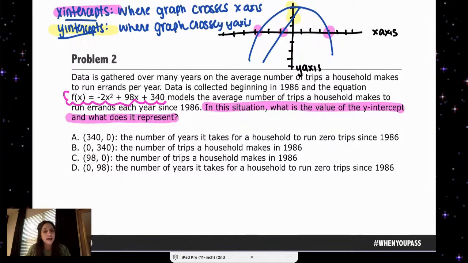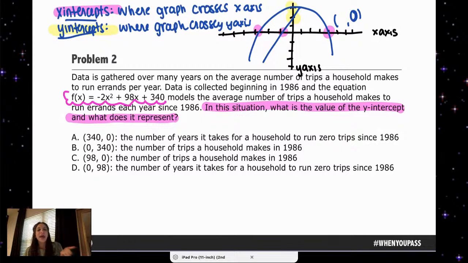So that said, what do I know about all x-intercepts no matter what? All x-intercepts are going to have a value of 0 for y because I'm moving over a certain number of values, then I'm going up or down. I'm not going up or down and then moving over. I have to get to the elevator before I can go up or down.